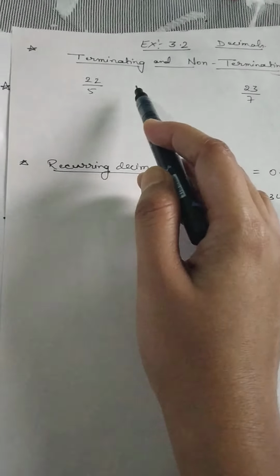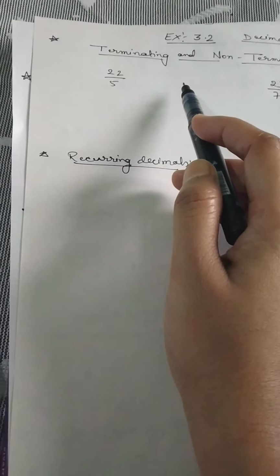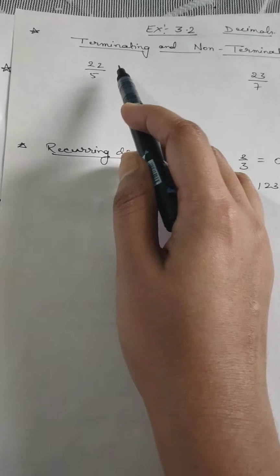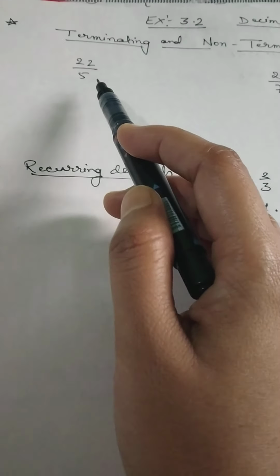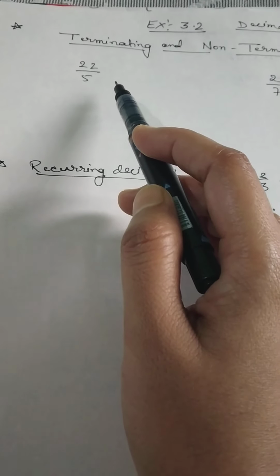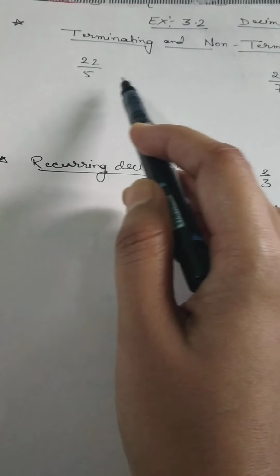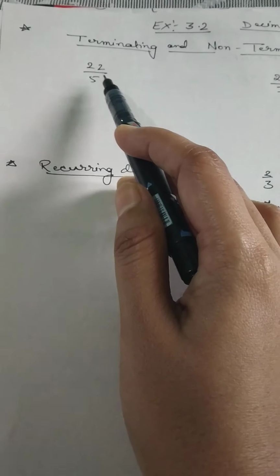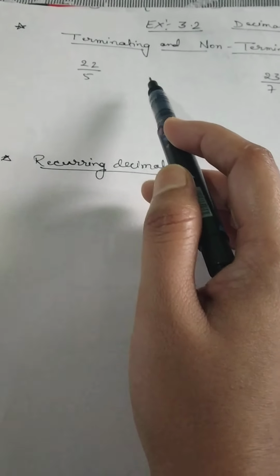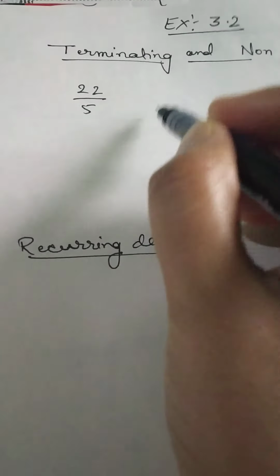Okay, so while converting a fraction into a decimal, if the dividend is completely divisible by the divisor, then that is called a terminating decimal. Means the dividend will be completely divisible by the divisor without leaving any remainder. For example, take this 22 by 5.